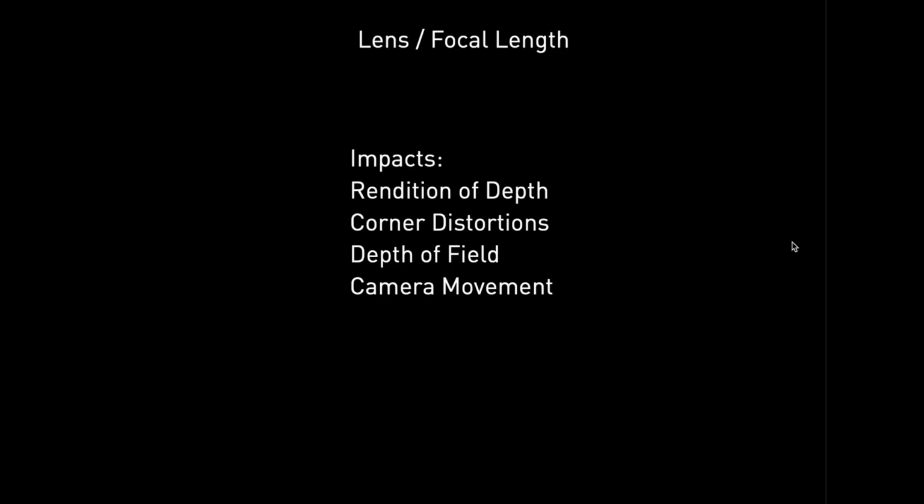So the lens and the focal length impact a number of different things. We already talked about the rendition of depth. It also changes the corners, so it distorts corners depending on how long the focal length is. It also affects depth of field, and it can also be affected by camera movement.